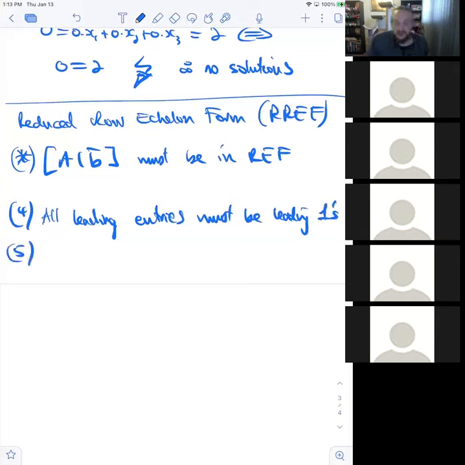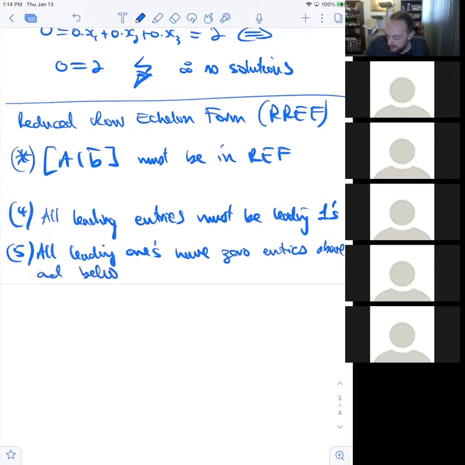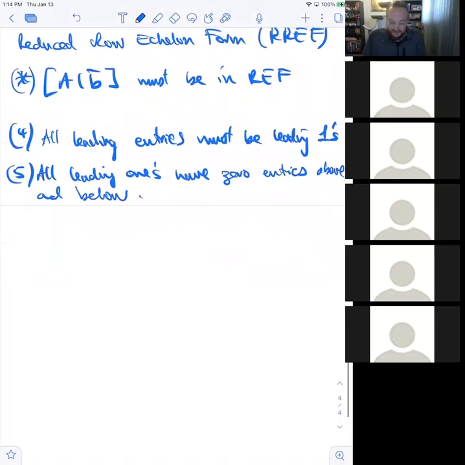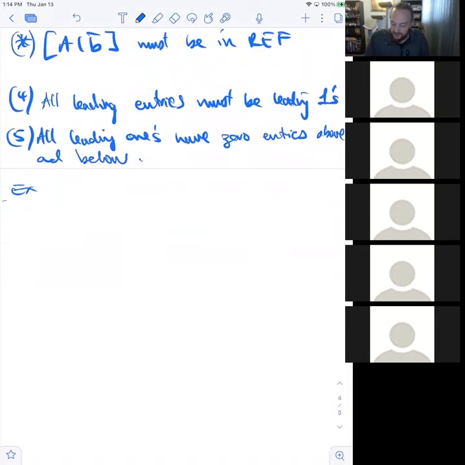And 5, we have to have all leading ones have zeros above and below them, have 0 entries above and below. So what's the difference? I'll go through one example and then I'll point out what happens when we do this.